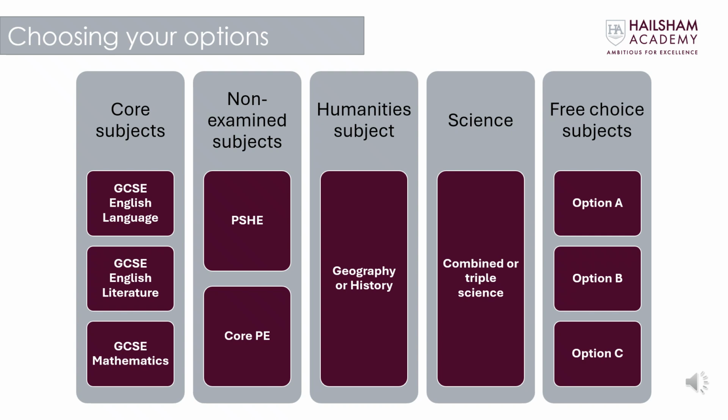Science is another area in which our students get a choice between combined science or triple science, both of which we'll discuss in a little more detail later on in this presentation. The final area are the free choice subjects, where our students get to choose up to 3 separate subjects that they would like to study to finish their package of qualifications in Year 10 and Year 11.